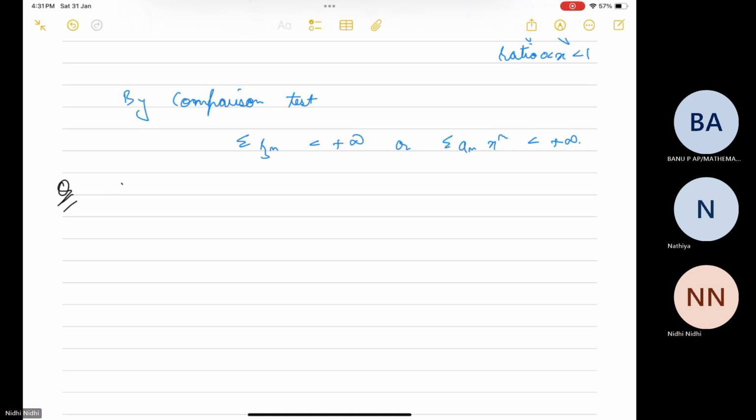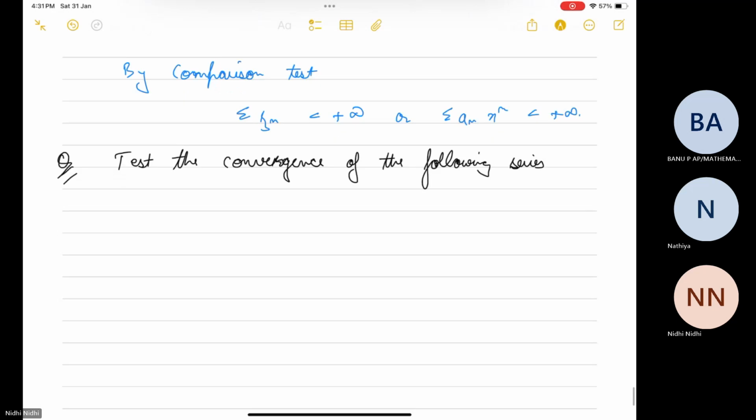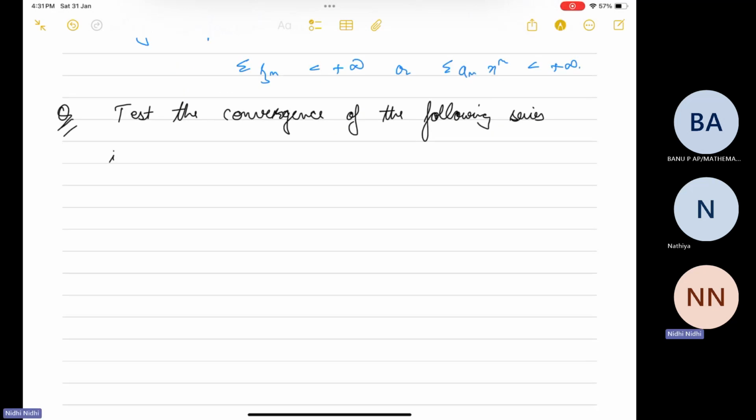Summation n from 2 to infinity, 1 upon n log n to the power p. So can anyone tell me why I took n from 2 to infinity?